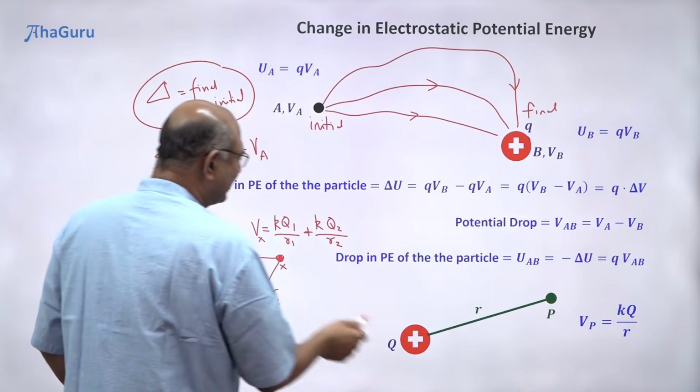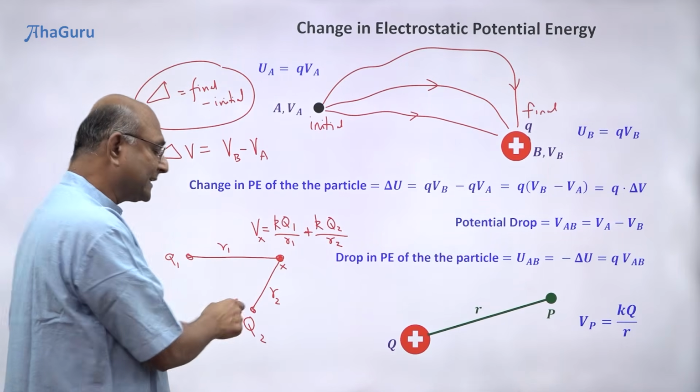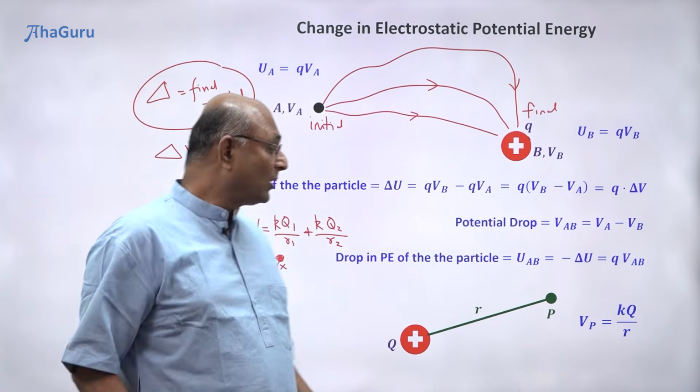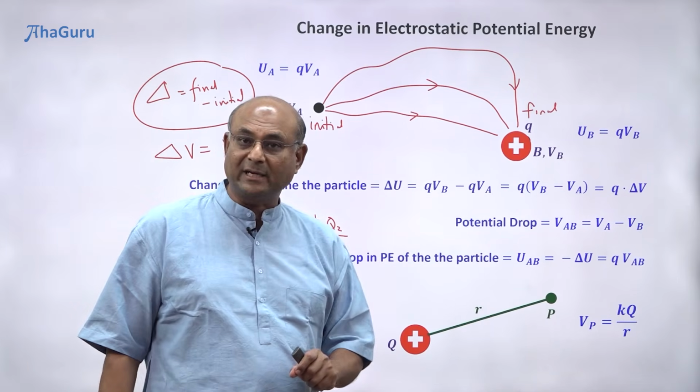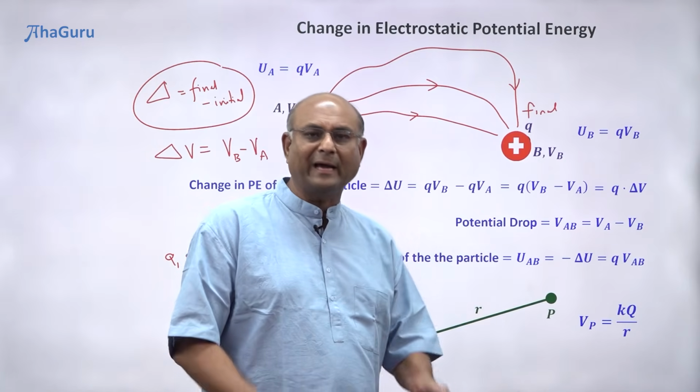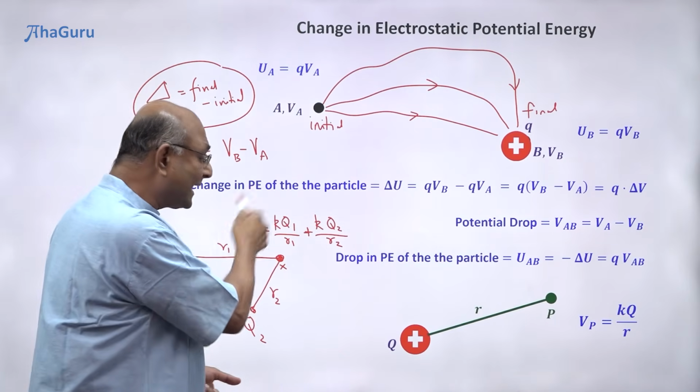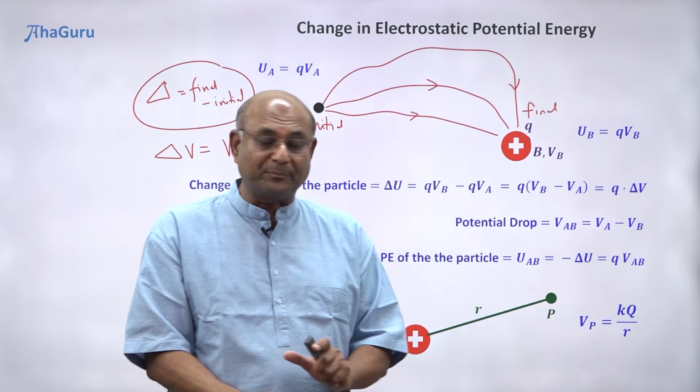Basically the same idea, just that you are using it now for multiple charges. Once you know how to calculate the potential due to different point charges at any location, which is a very simple formula, KQ by R, you just have to add up, and it is a scalar addition, not a vector addition. So very simple.